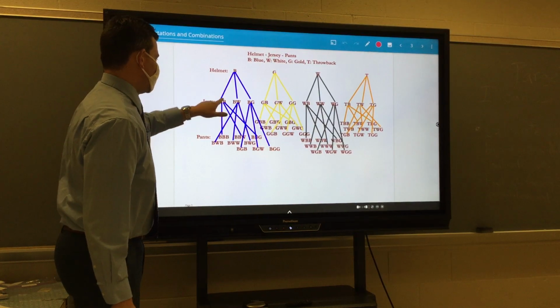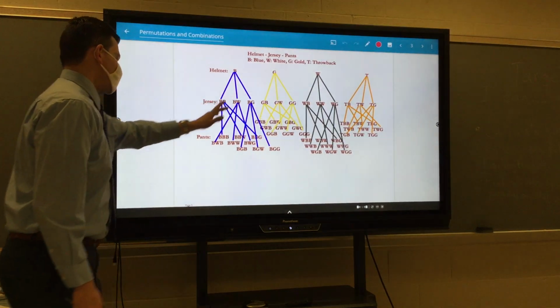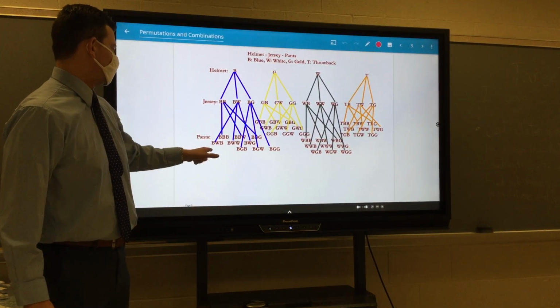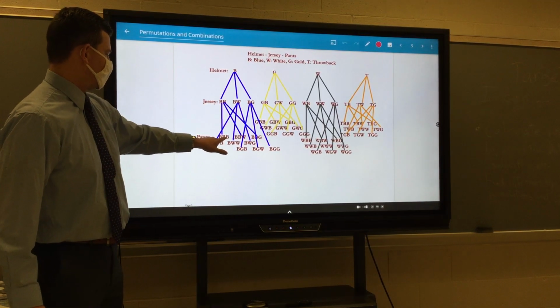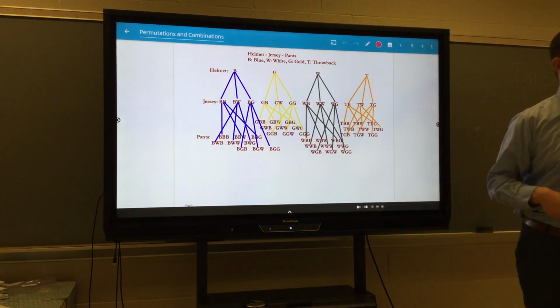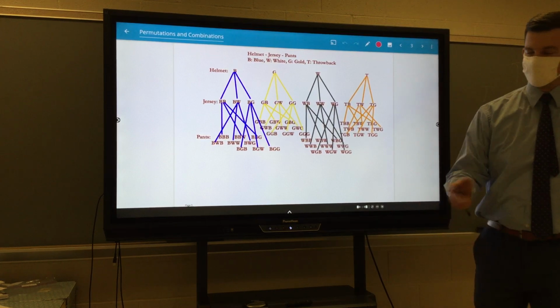Blue helmet, blue jersey, blue helmet, white jersey, blue helmet, gold jersey. And then it branches out again, 3 more ways to the pants. Blue helmet, white jersey, blue pants, blue helmet, blue jersey, white pants, and so forth. Okay, it's a mess. I already expressed my displeasure with making tree diagrams a few weeks ago.